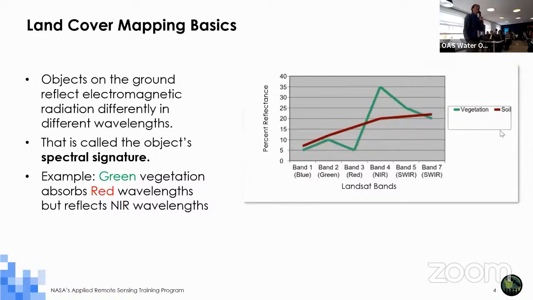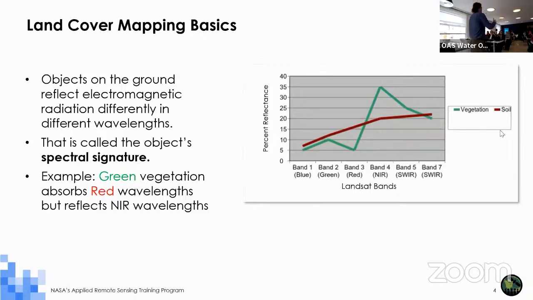So I think we've already discussed this before, but objects on the ground reflect radiation differently in different wavelengths. We talked about how that's a spectral signature. So even vast groups, we could say like a forest has a spectral signature compared to, say, an urban area like a city. But depending on what type of instrument we have, we can actually start looking between different species.